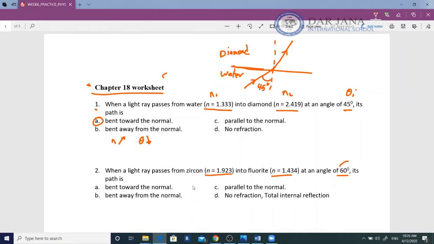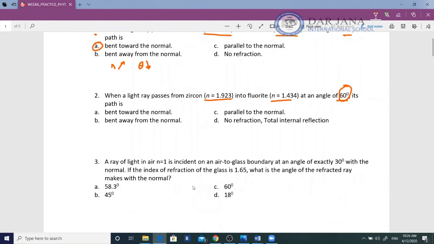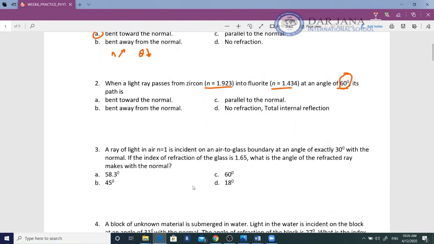The angle of incidence is 60 degrees, so the angle of refraction will increase, since we are going from high index to low index, so the angle will be more than 60. But we have to be careful here. We need to see if the incident angle is greater than theta critical. In that case there will be no refraction of light, so let's find the critical angle.